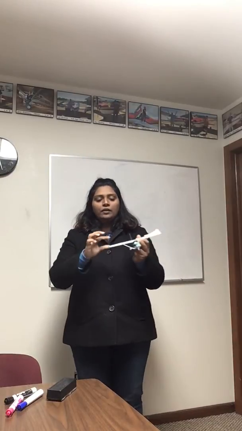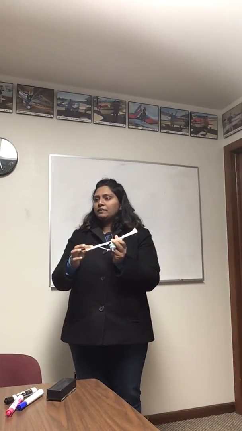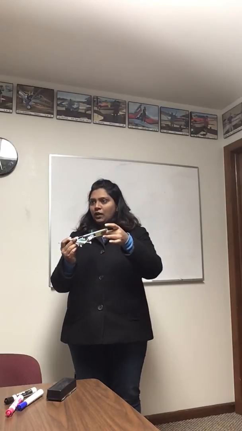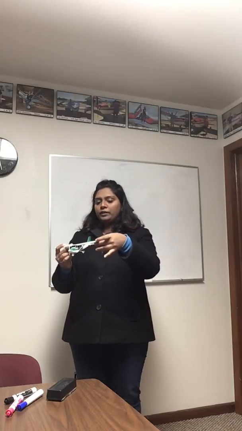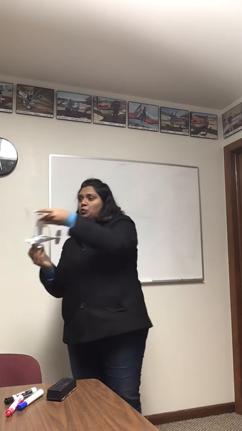When you turn your yoke to the right, the right aileron goes up. That will create drag here. That will cause the wing to drop, and also the left aileron goes down. That will create more curvature of the wing, and they will probably ask what the curvature of the wing is. It's basically how big or curved your wing is. It will create more lift here, and you will roll.